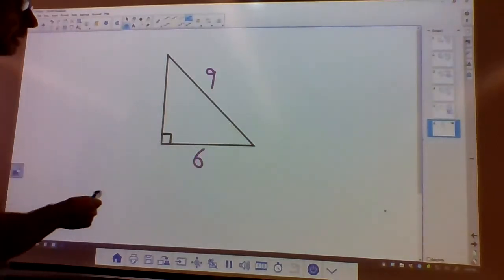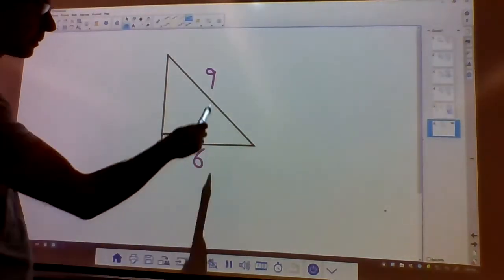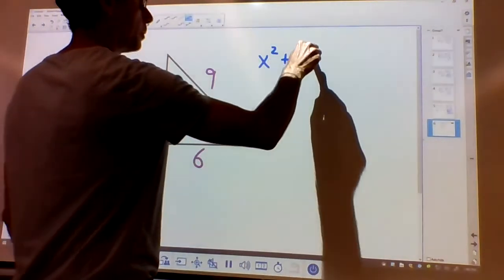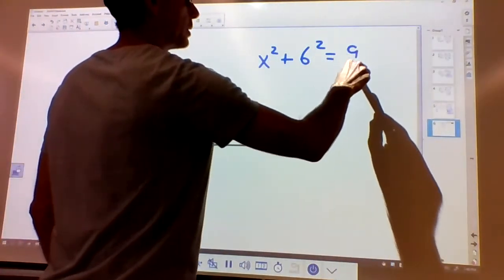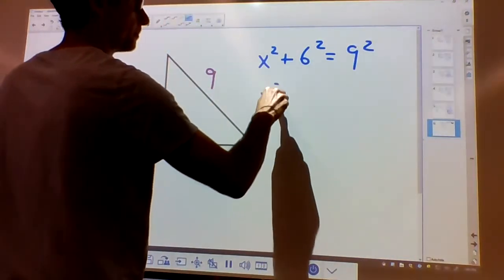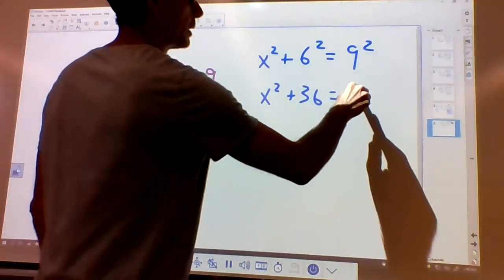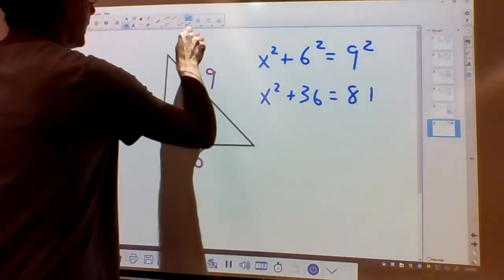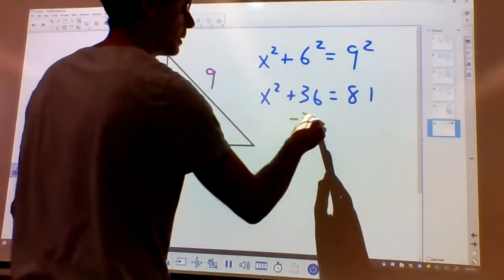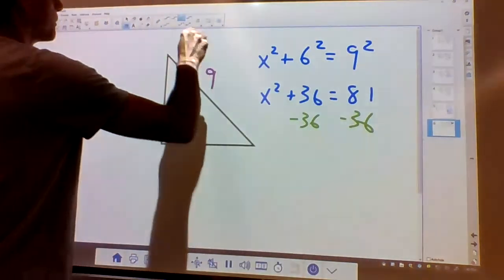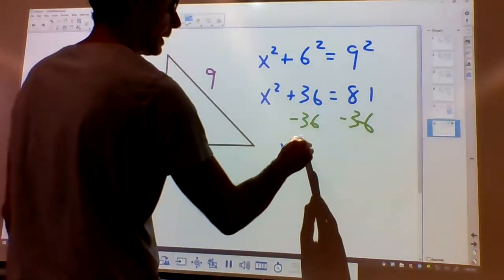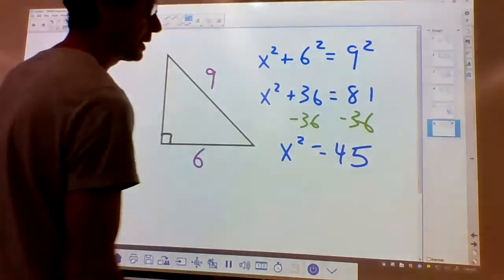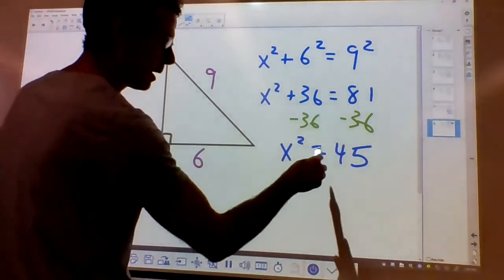One more. Kept the 9 and the 6, except I moved the 9 to the hypotenuse. So now we should know x squared plus 6 squared equals 9 squared. All these numbers are the same, right? 6 squared is 36, 9 squared is 81. And we're going to want to subtract the smaller one over. And we got x squared equals, and this comes out to 45. 45 doesn't come out evenly.